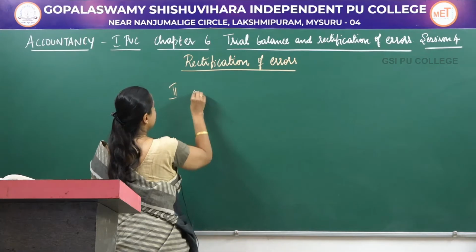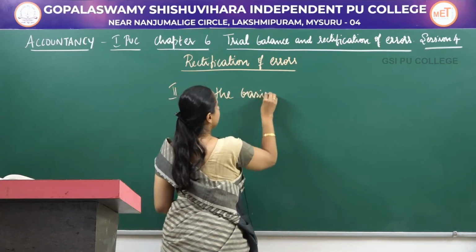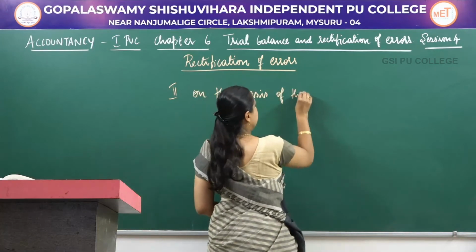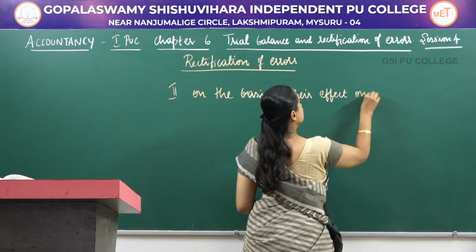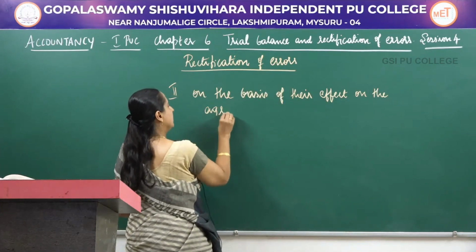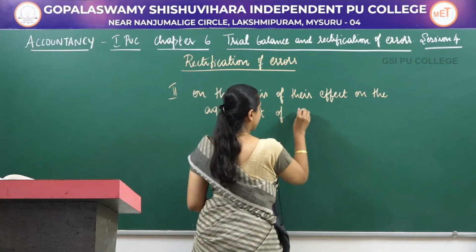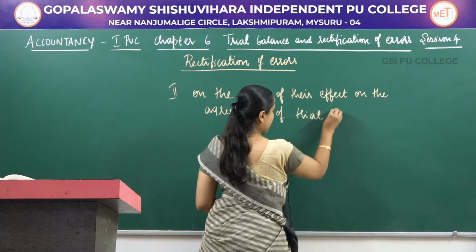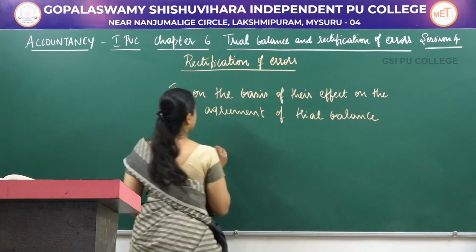Next is on the basis of their effect on the agreement of trial balance, you have two types.